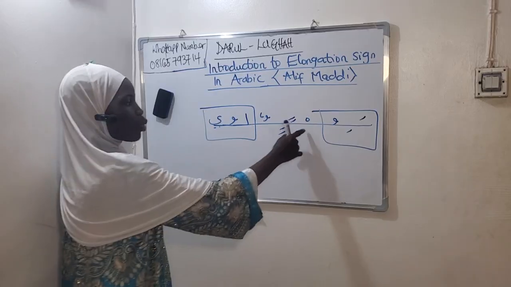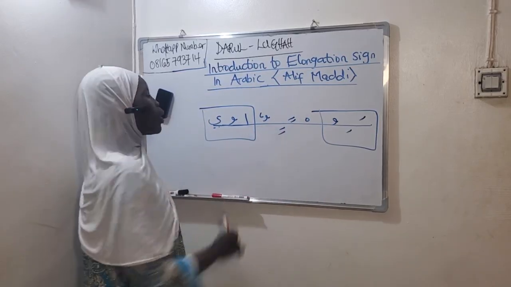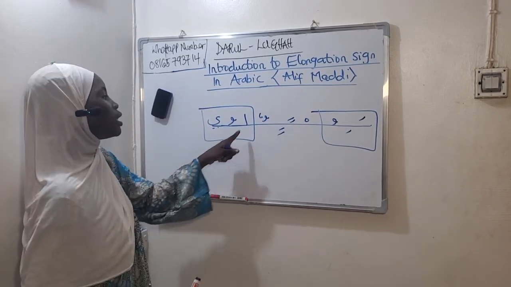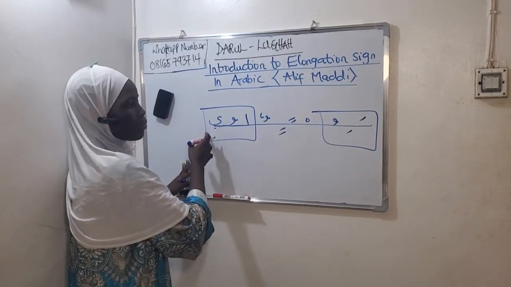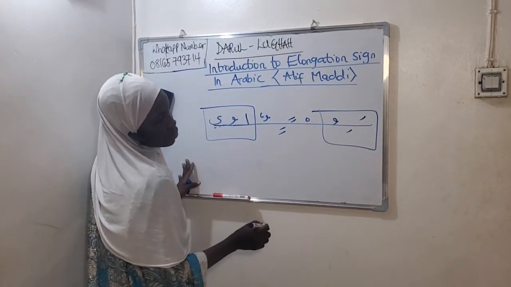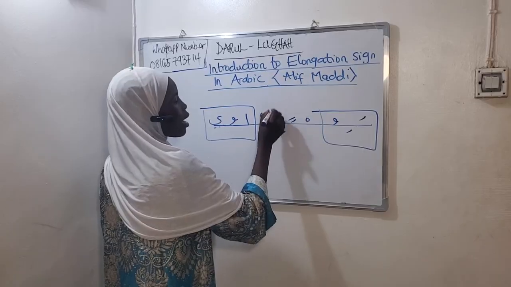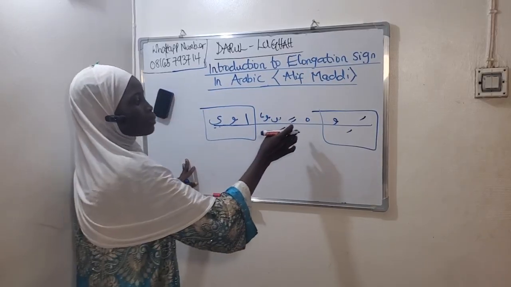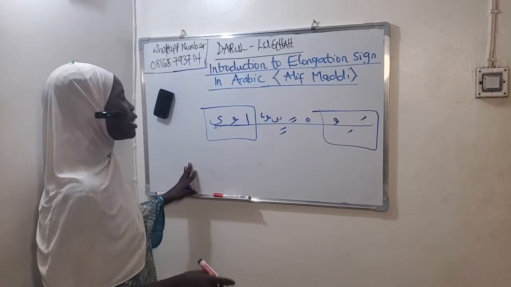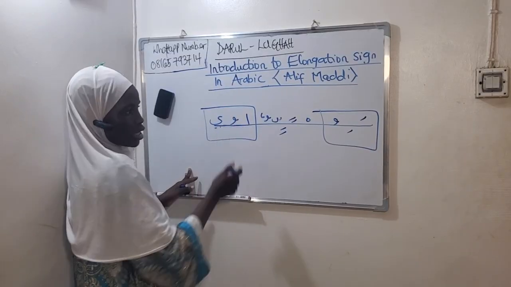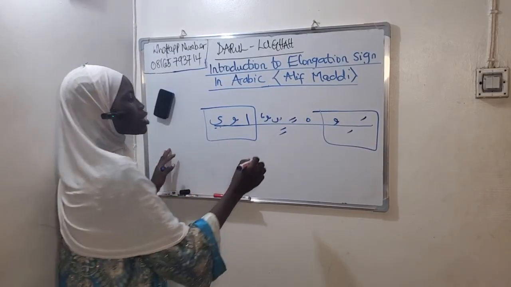Before we talk about Sukun, Fatatain, Kesrotain, and Domatain, we must have the basic knowledge of Alif Maddi, Wa Maddi, and Ya Maddi. Before we talk about Shedda, you must understand Sukun very well. That should be your foundation. That's why we are discussing Alif Maddi today.